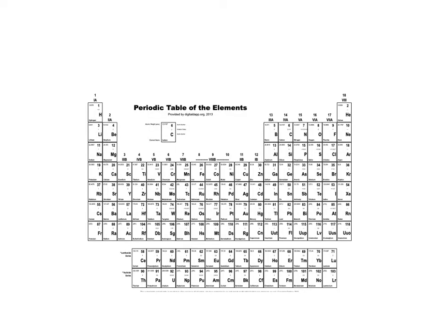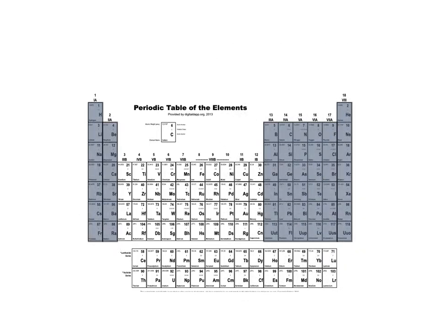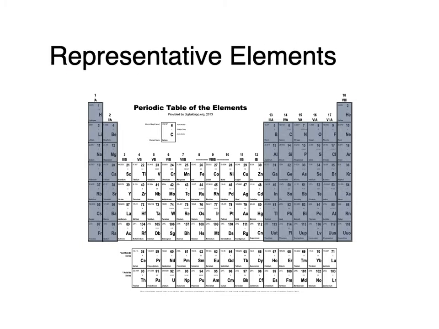All right, so back to our condensed form of the periodic table. We want to pay special attention to the s and p blocks combined. The s and p blocks combined are referred to as representative elements. Representative elements are so called because they're things gaining and losing electrons to get to those noble gas electron configurations.